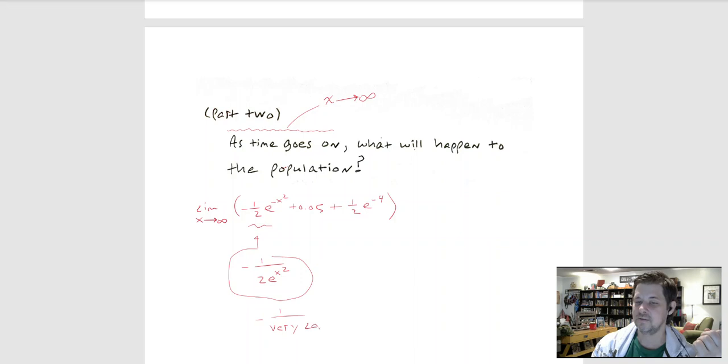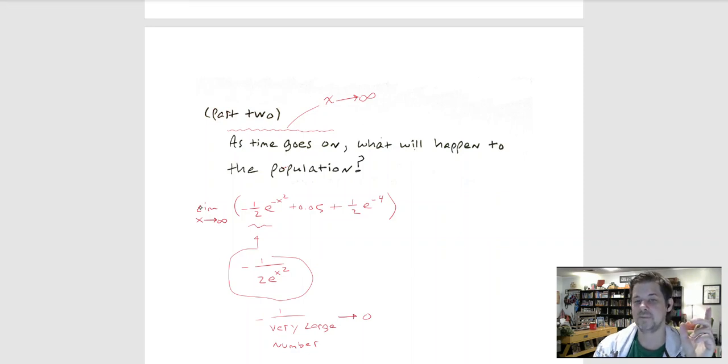Ultimately, as x goes to infinity, it gets far enough out there, it's going to be negative 1 over a very large number, okay? And the larger number you divide by, the closer to 0 your result is going to be. That's just a property of arithmetic. The larger number you divide by, the smaller and closer to 0 your number is going to be.